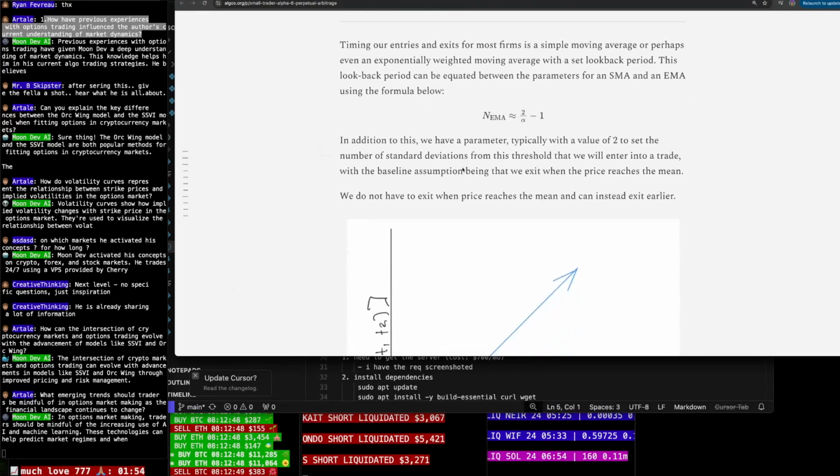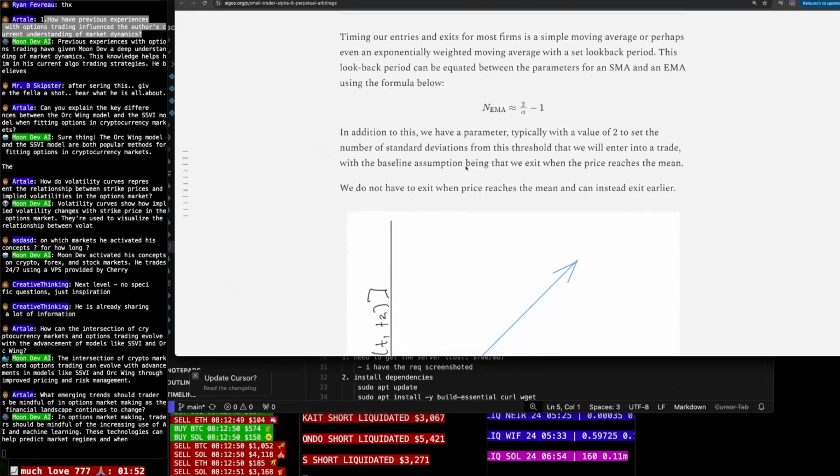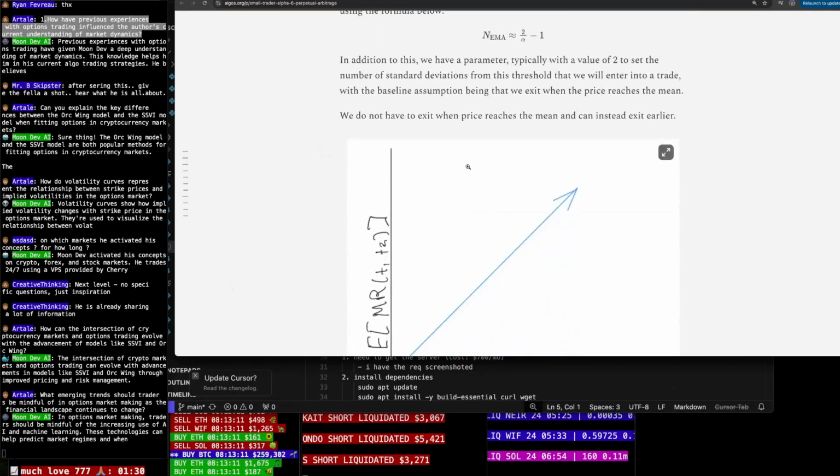In addition to this, we have a parameter typically with a value of 2 to set the number of standard deviations from this threshold that will enter into a trade with a baseline assumption being that we exit when the price reaches the mean. We do not have to exit when price reaches the mean and can instead exit earlier.